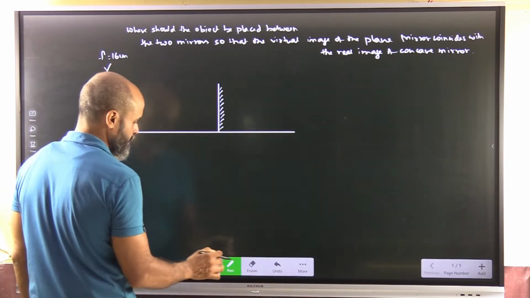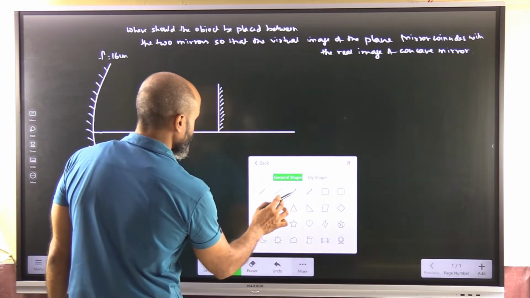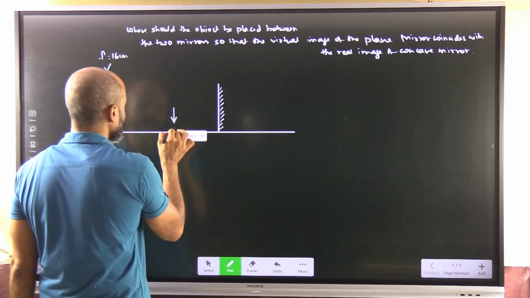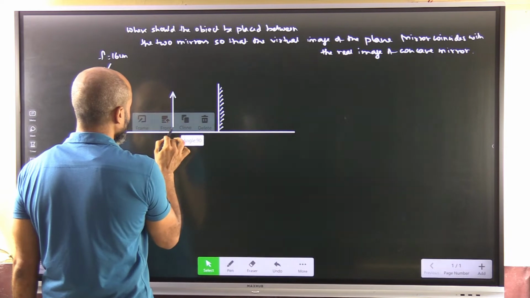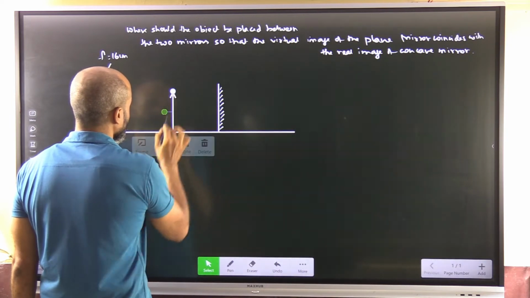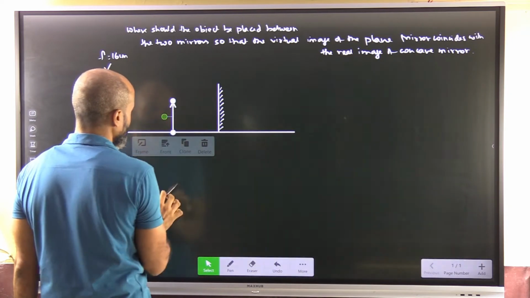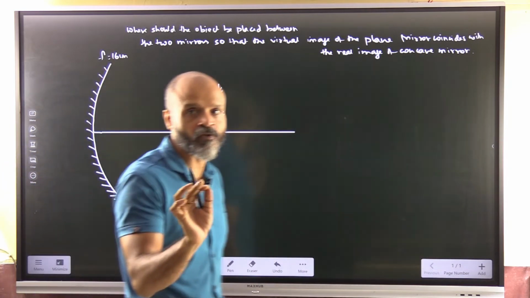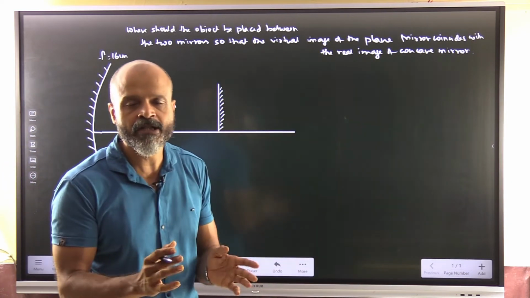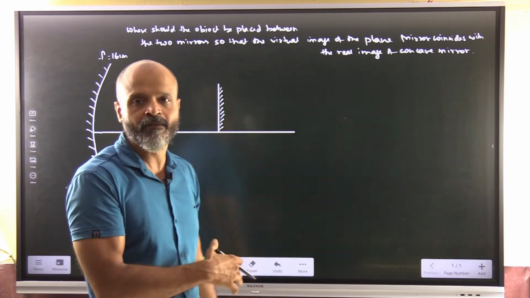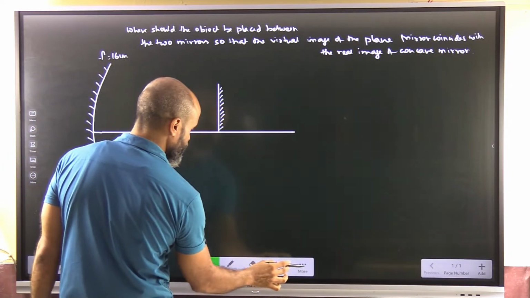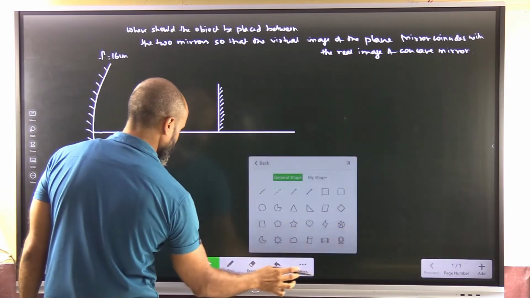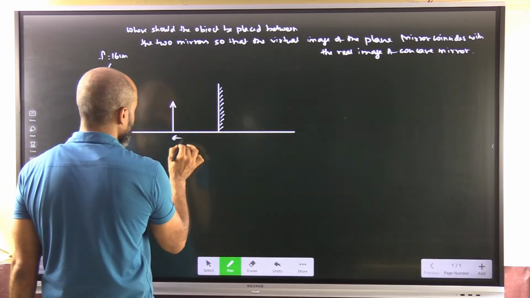Let's say we place the object. Let's say this is the object, and in these problems always remember that we need to resolve one mirror's image, and on top of that, that will be considered as the object. Okay, so let's say we take this distance to be x.